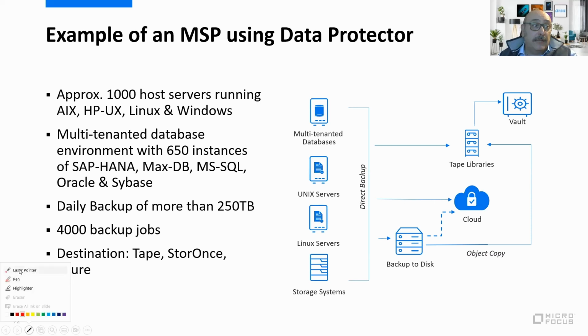Let me put the light pointer here. They read the data from all these systems. They write directly to tape and move it to a vault, also to be ready for whatever happens. They are also writing to a StoreOnce in this case, and using Cloud Bank from HPE, they are moving data to the cloud.